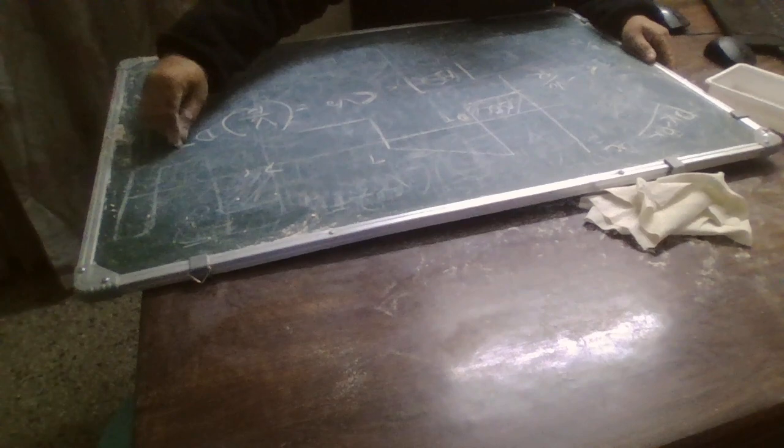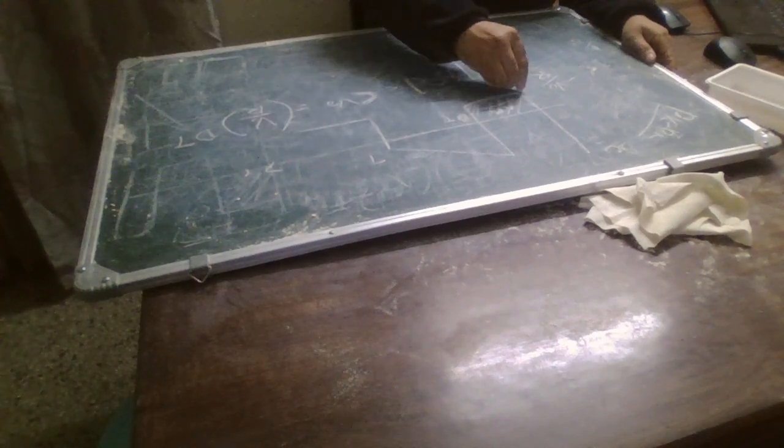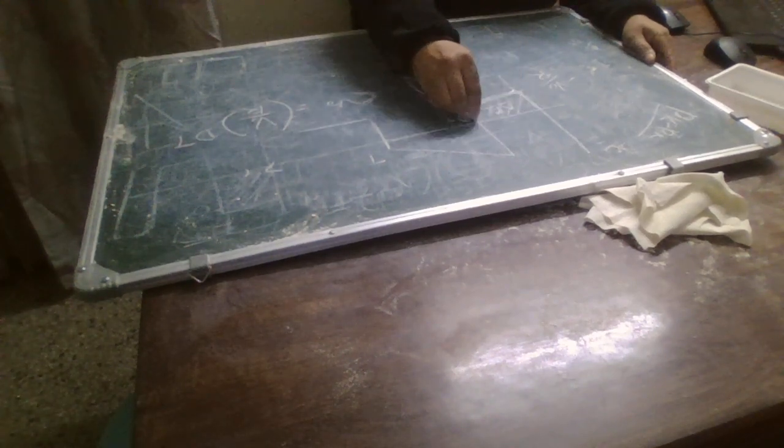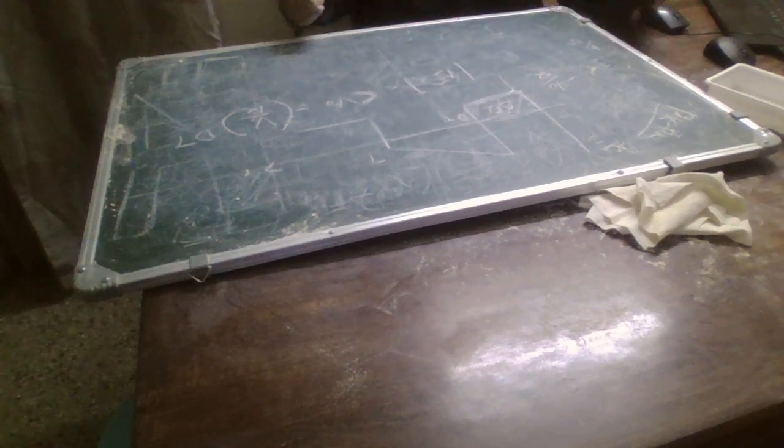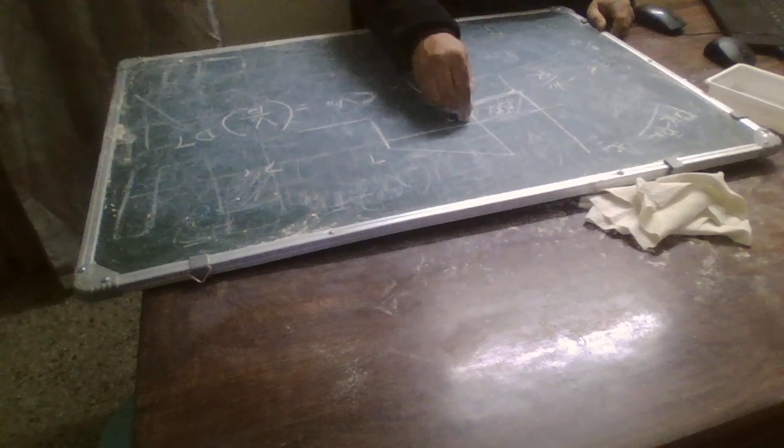This is not a triangle now, it's a rectangle, so we can take delta Q as current into dt.